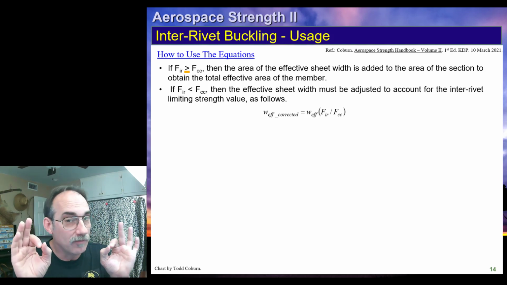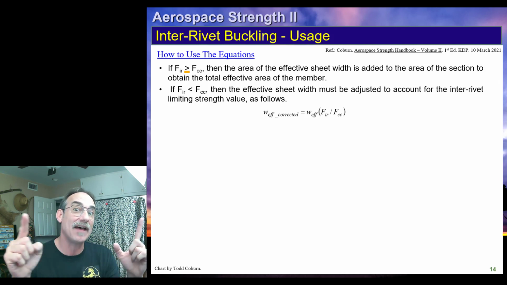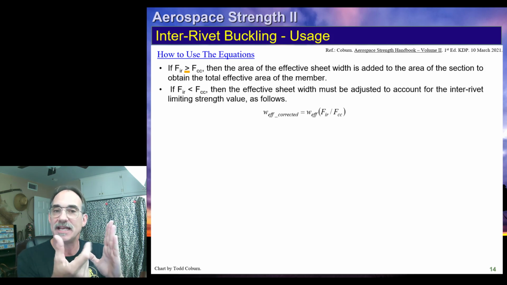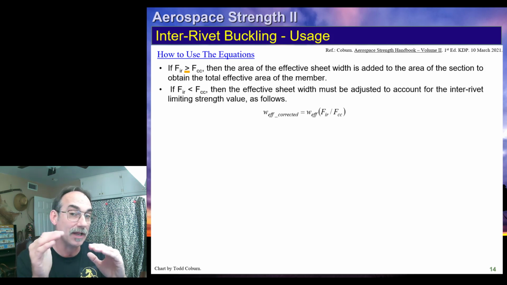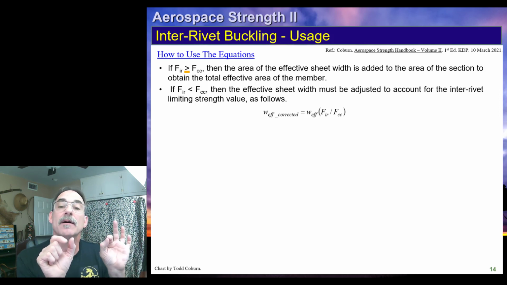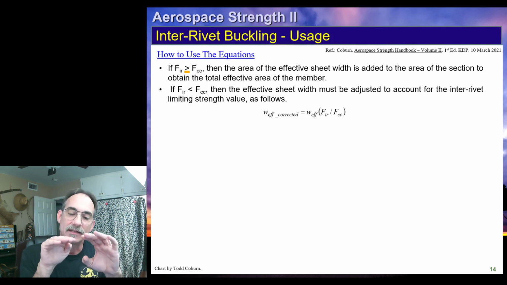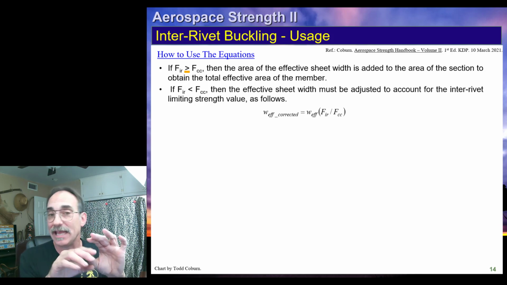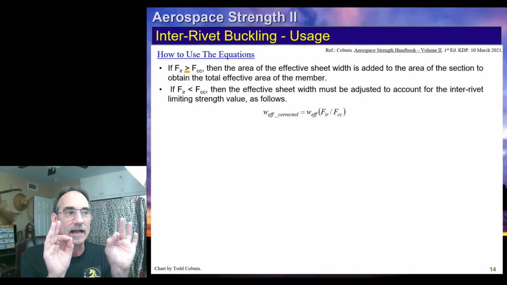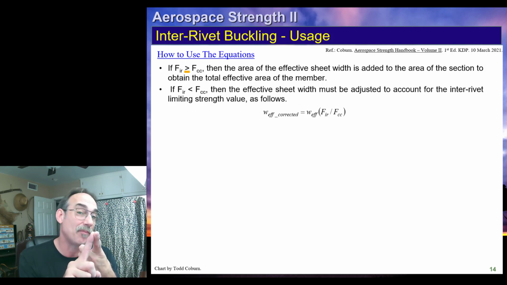Now, one word of warning. We're not going to use the inter-rivet buckling allowable to increase the effective width of the skin. The effective width of the skin was chosen to make sure that the skin buckling will support that stringer crippling. The inter-rivet buckling adjustment is to make sure that that little column of skin doesn't buckle between the rivets before it supports that other number. So we're going to first calculate the effective width of skin, the pristine value, W effective prime.